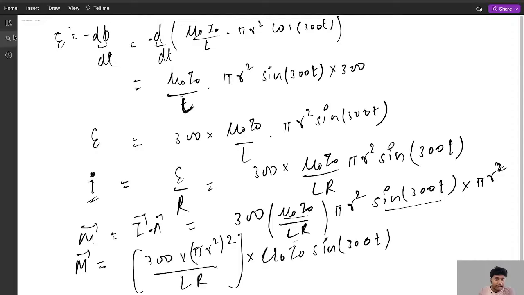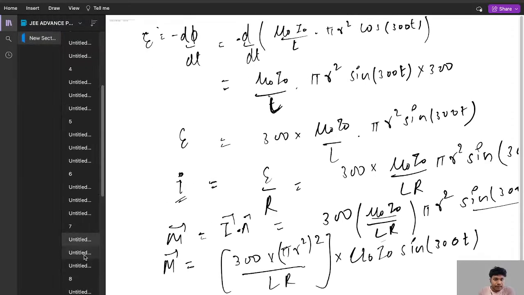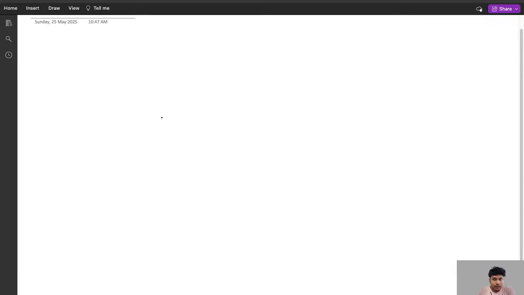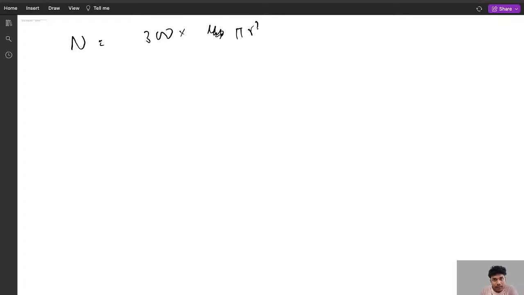Okay, let me calculate this. So from here we get n is equal to 300 times of pi r square whole square upon L R, right?